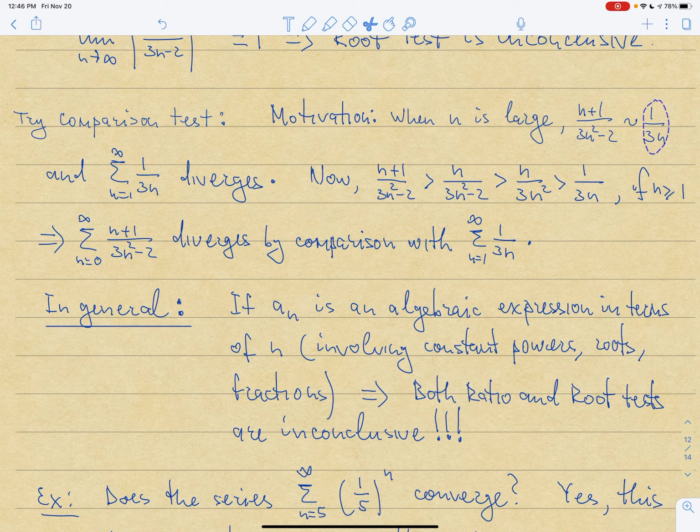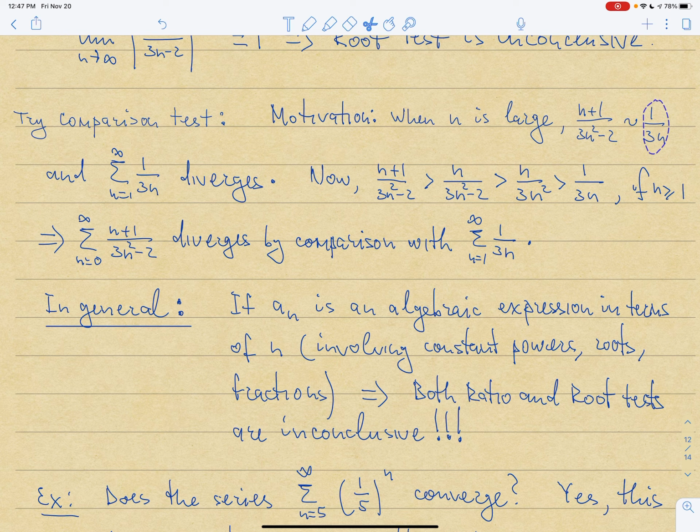So if my series eventually looks like a divergent series, 1 over 3n, then I can try to compare if my series is related to 1 over 3n in any way, and in what way do I want them to be related. If I want to prove that my series diverges, because it can be compared to another series that diverges, then my series has to be bigger than the divergent series to which I am comparing it, right?